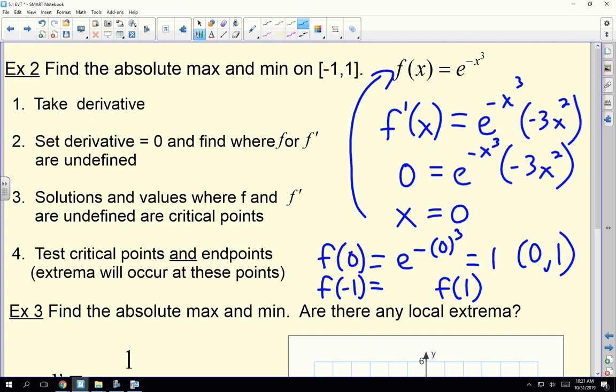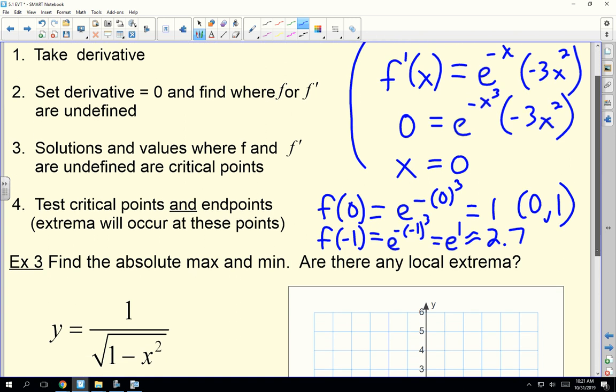Okay, so f of -1 gives me e to the -(-1) cubed, which is e to the first, which is approximately 2.7-ish. So we've got that guy, and then I've got one more endpoint to check.